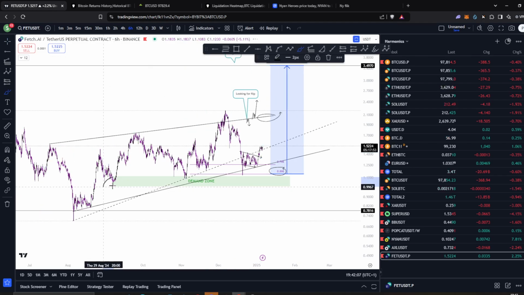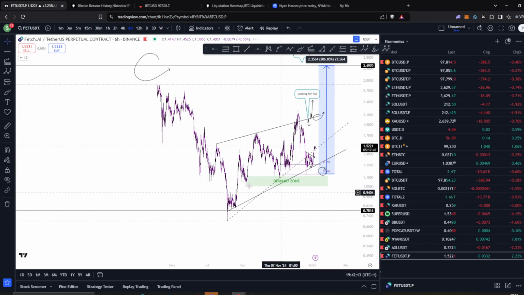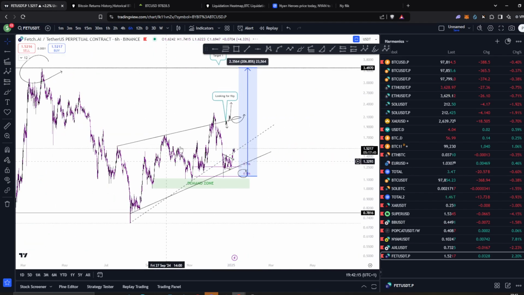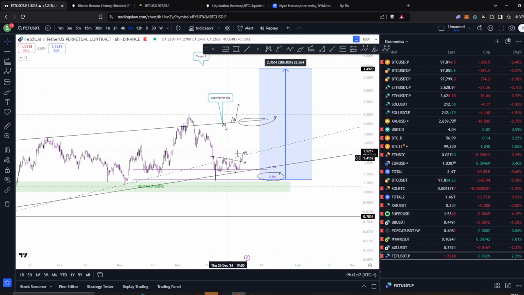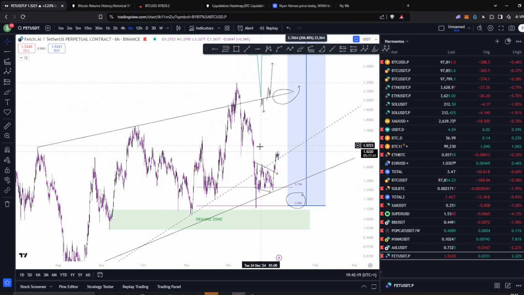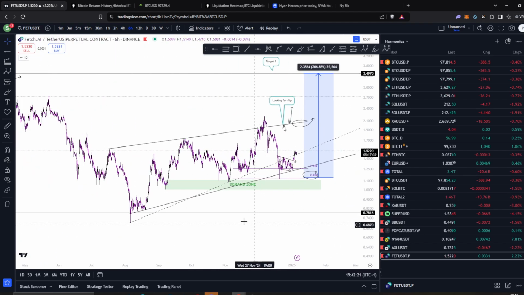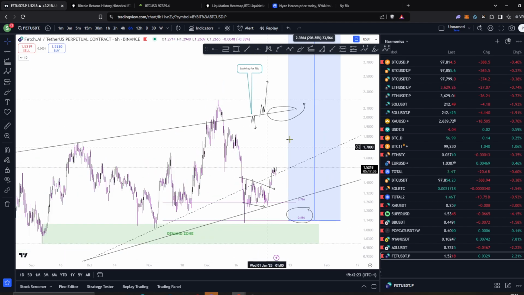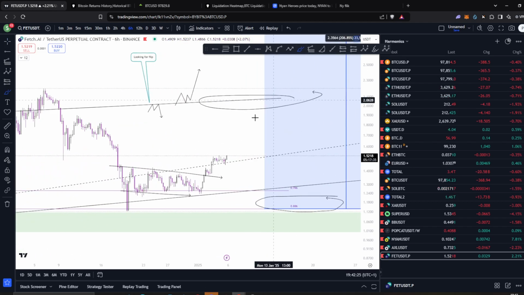I bought all the way back here, bought here, and I bought some more here. I have a swing long also, where you are in this rising wedge. You did even reclaim this, because you do have two potential trend lines here, and you did reclaim both of them. So you are seeing that nice response for today, where you're seeing some type of push up.